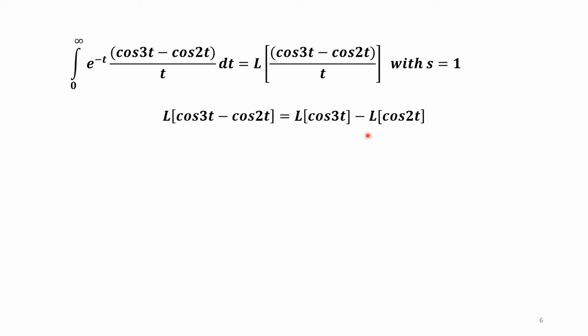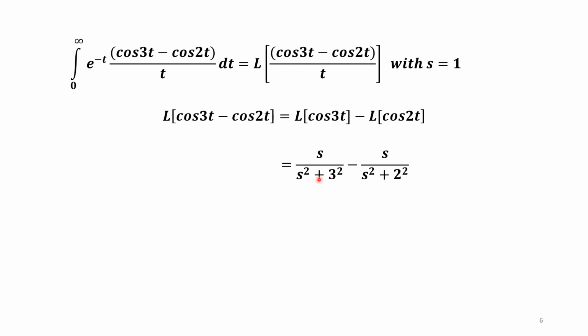So we know by the standard Laplace transform formula, L of cos 3t will become s upon s square plus 3 square, and cos 2t will become s upon s square plus 2 square. So we have calculated the Laplace transform of the numerator. Now we have something divided by t.